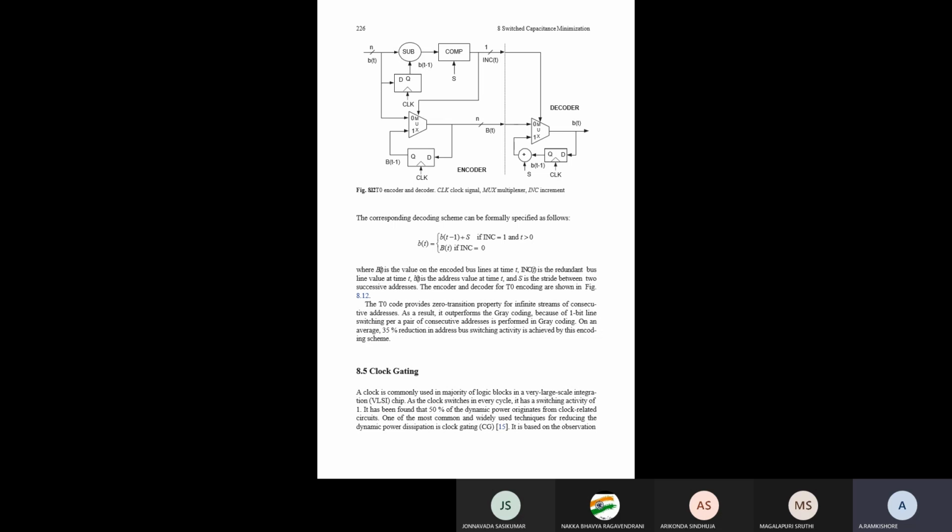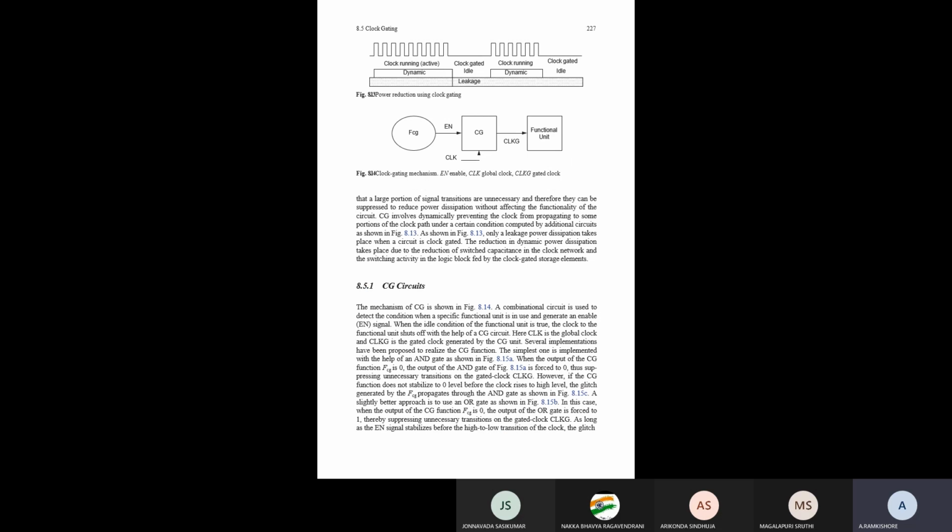Whenever we are implementing the clock gating between any type of individual circuits or any functional unit, that clock gating signal will completely reduce the dynamic power dissipation of the circuit.